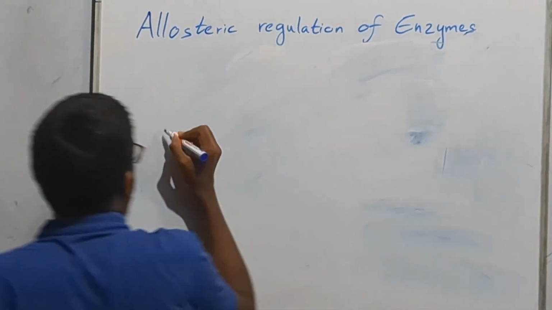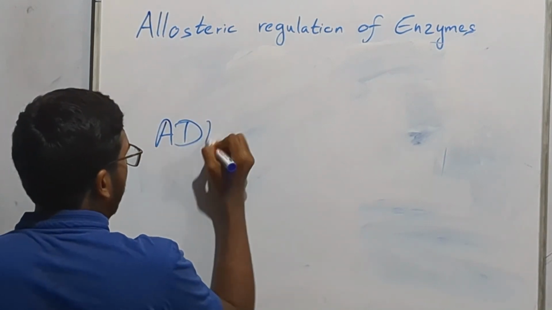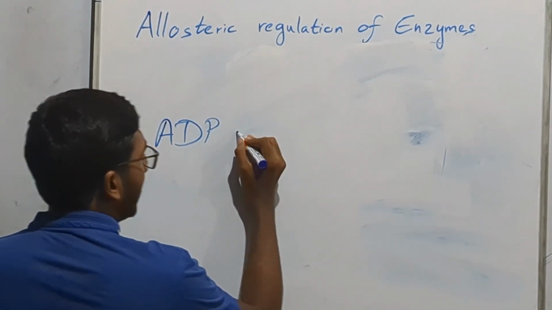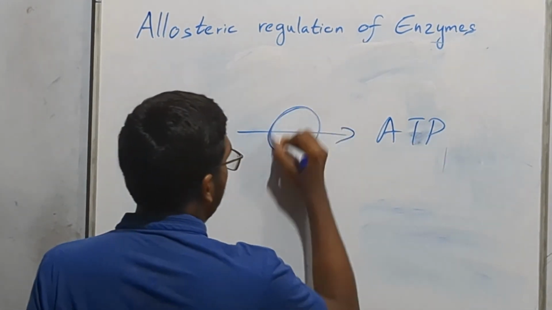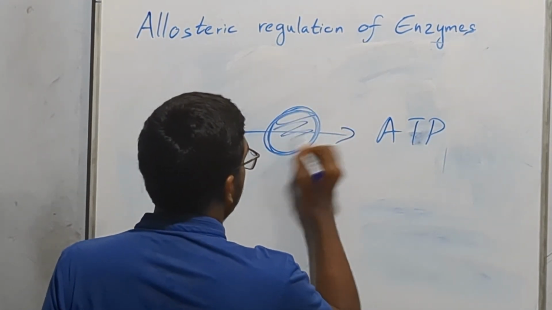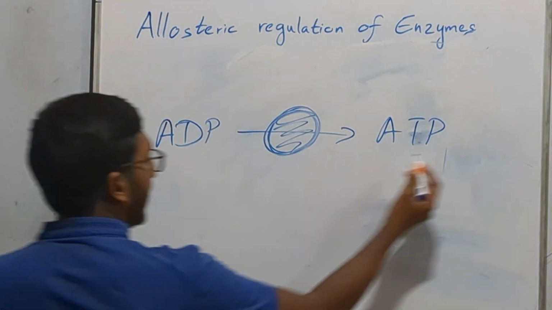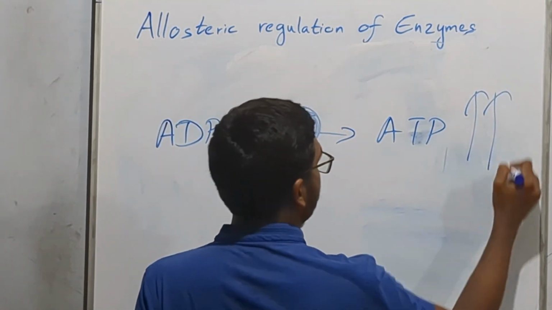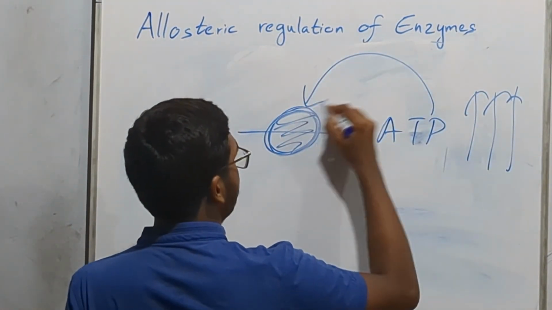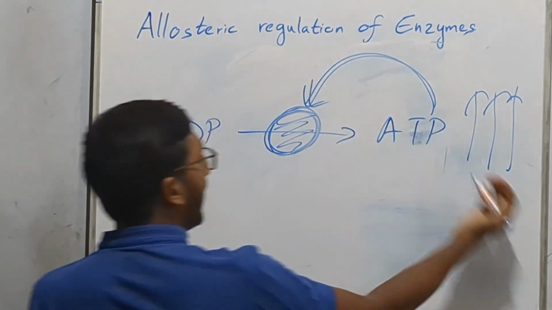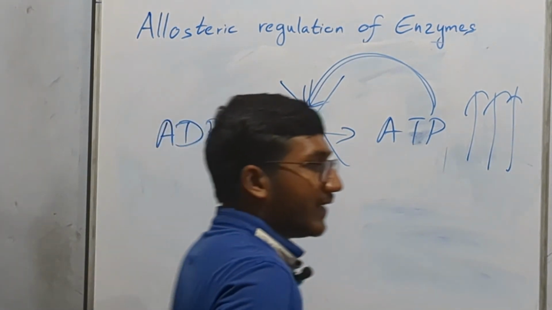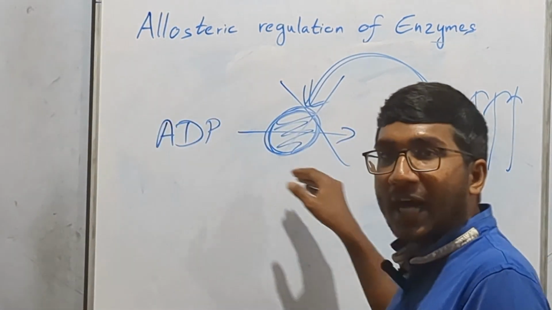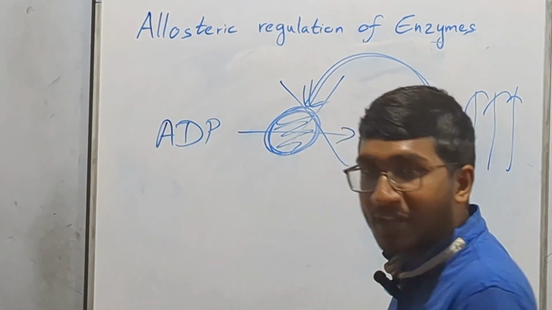It's like this. Now the process is production of ATP from ADP, and here is the enzyme. Let's represent it in this manner. When ATP is produced in excess, this ATP itself binds to the enzyme and inhibits the metabolic pathway of producing the end product.